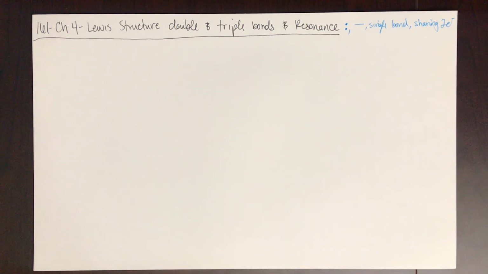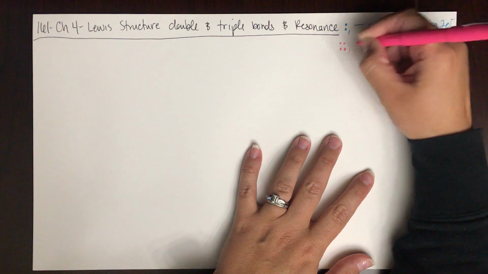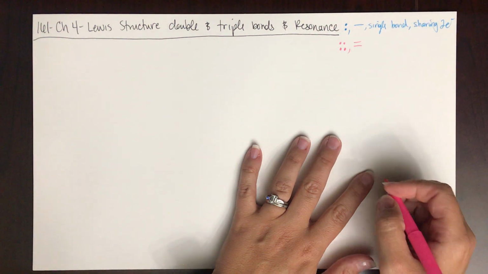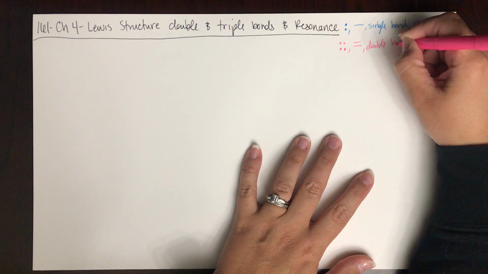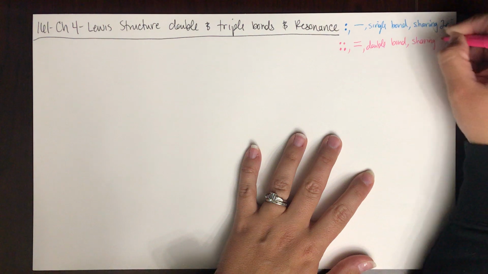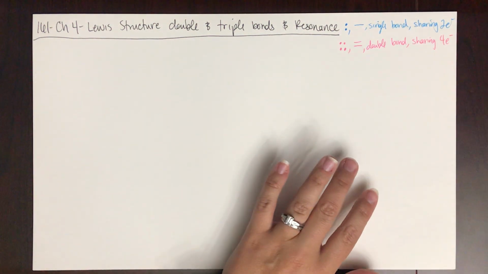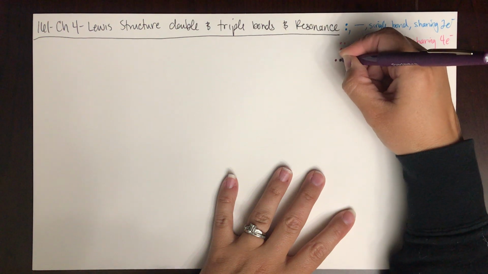A double bond is when we're sharing 4 electrons. It's represented with 2 lines, double bond, sharing 4 electrons.